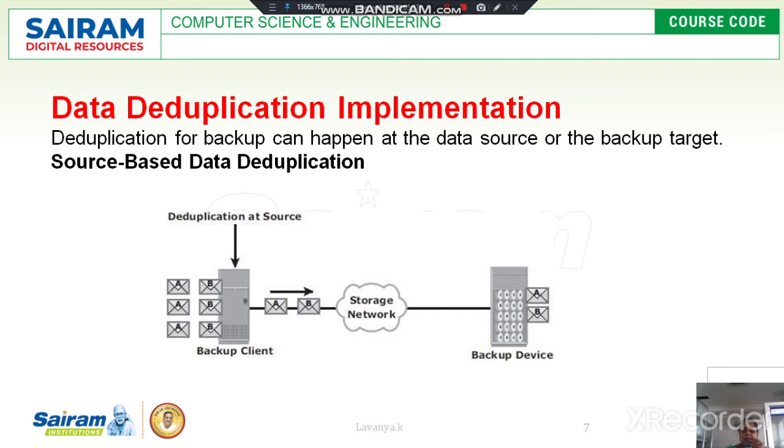I am repeating: in source based data deduplication, the source, or the backup client, has to break the redundant copy of data at the source before it transmits to the backup device. It also reduces the amount of backup data sent over the network during the backup process.